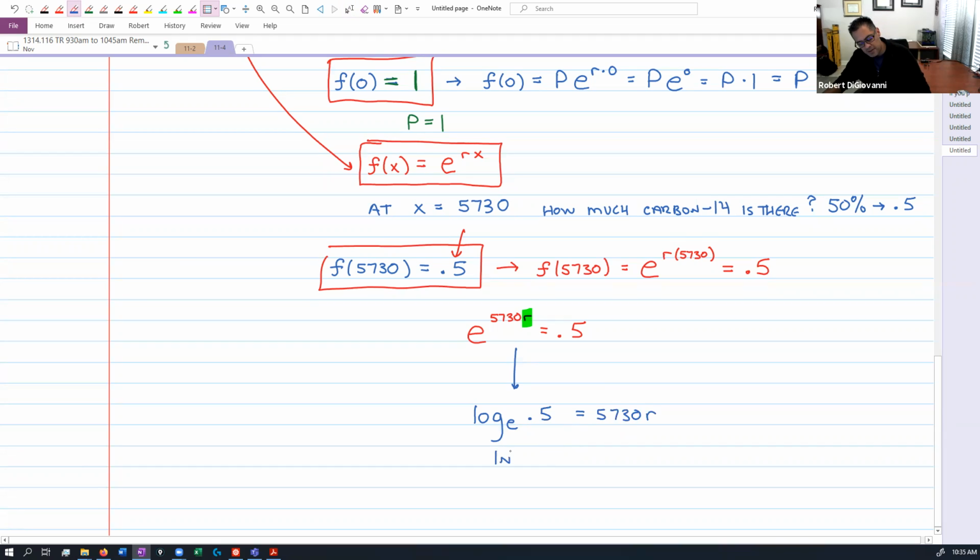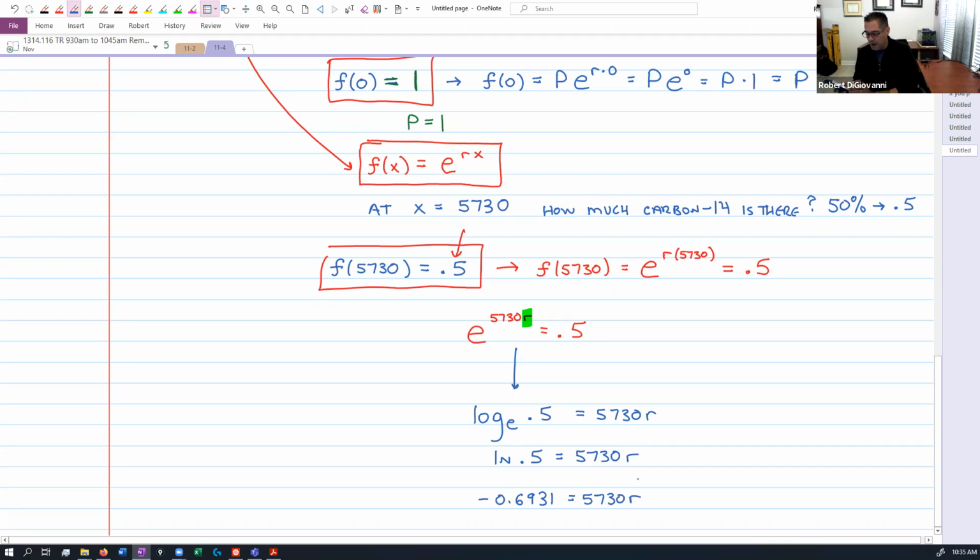Now log base e is natural log. So you go natural log of 0.5 equals 5730r. And then I'm just going to use my calculator to figure out what natural log of 0.5 is. I get negative 0.6931 equals 5730r. And I have one last step.